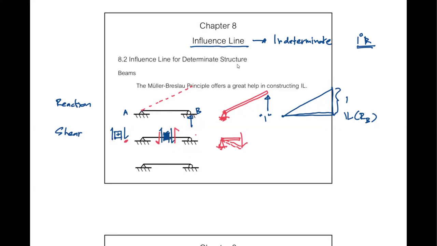So for this piece, it has to go up, and so it moves like that. Okay, so this is the shape. And that becomes the shape of the influence line of shear at any location.